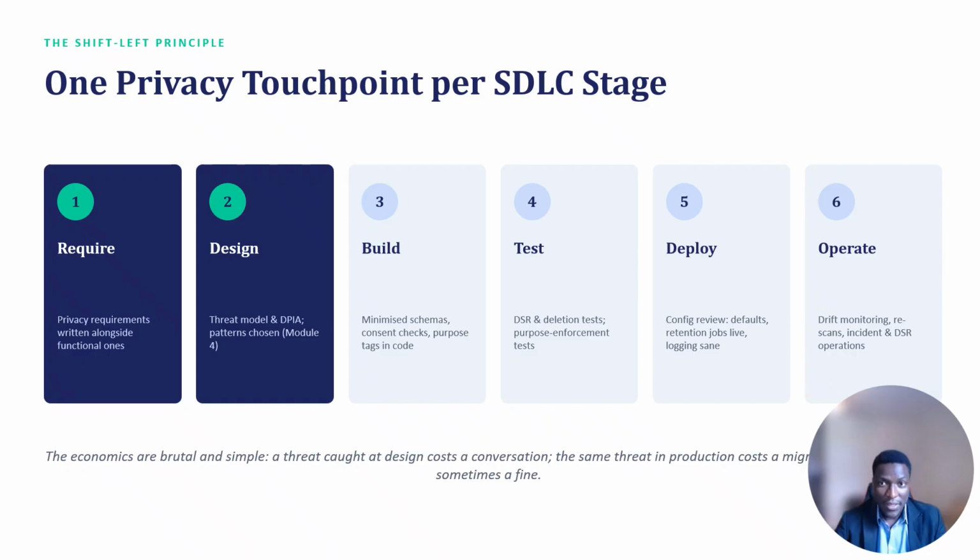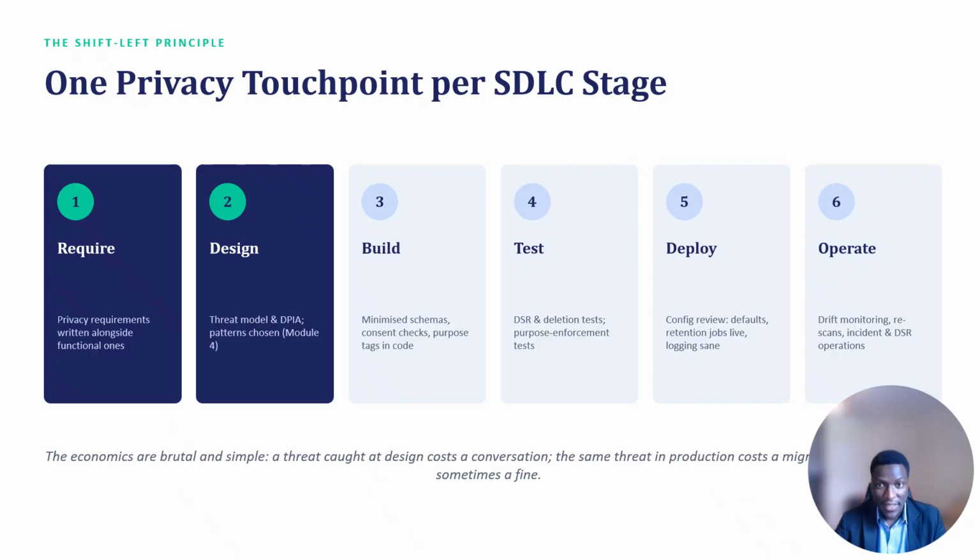At requirement, privacy requirements written along with functional ones, which we'll do next. At design, the threat modeling and DPIA work from Module 4 plus pattern selection. At build, minimized schemas, consent checks, purpose tags.